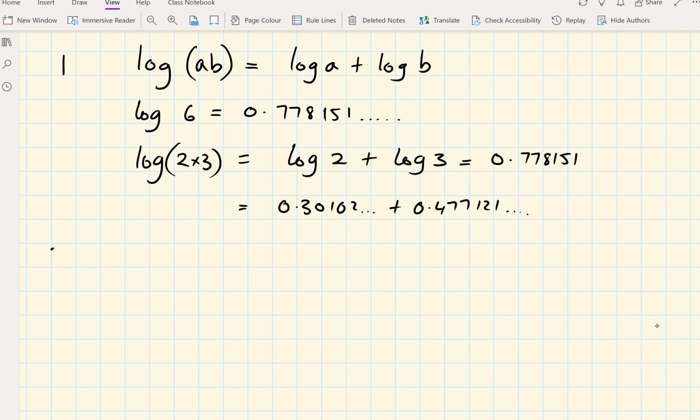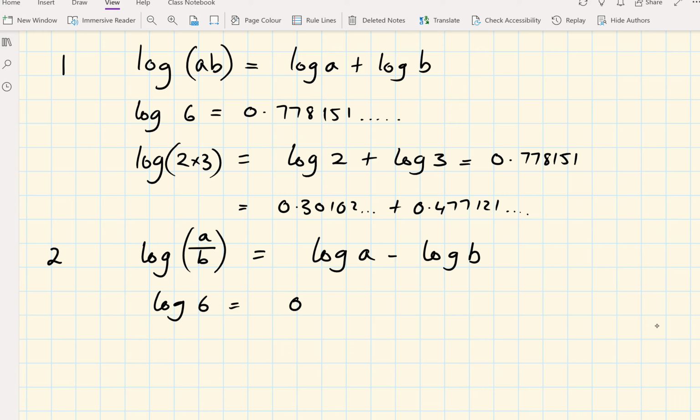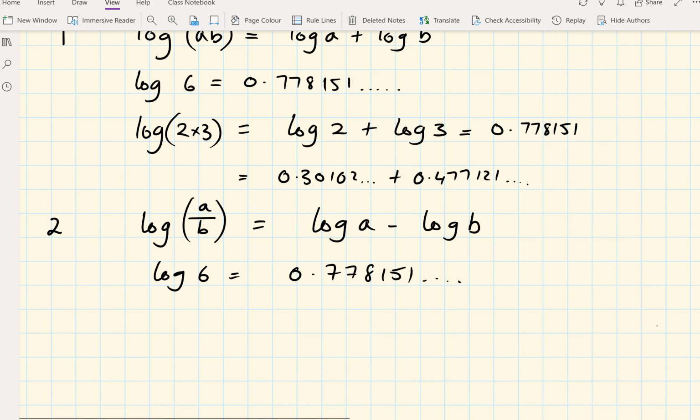Now, allied to this one is the second law of logs, and that's the log of a quotient, the quotient of A over B. If the product was a sum of logs, the quotient is going to be the difference of logs, so this is going to be the log of A minus the log of B. We know that the log of 6 is equal to 0.778151, and the log of 2 is equal to 0.30102.